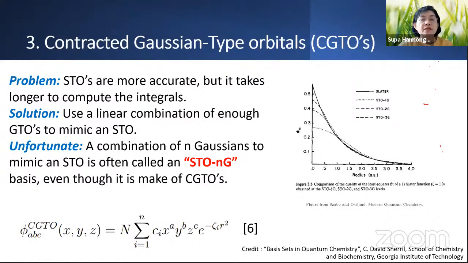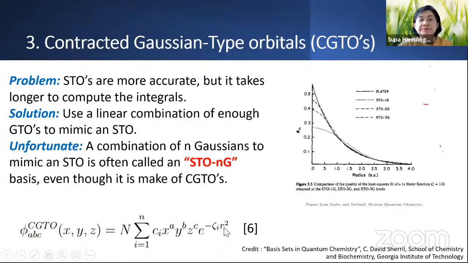You have the normalization factor and some coefficient multiplied with x, y, z, which is the Cartesian coordinate, and the radial part is still the exponential of minus theta r square. So this is quite nice.